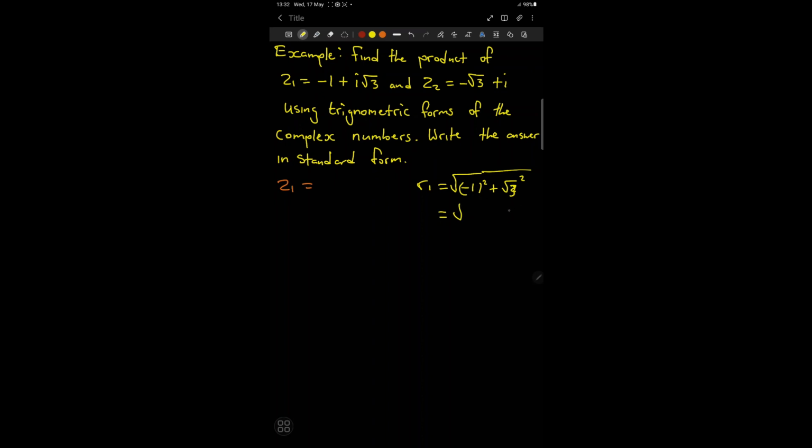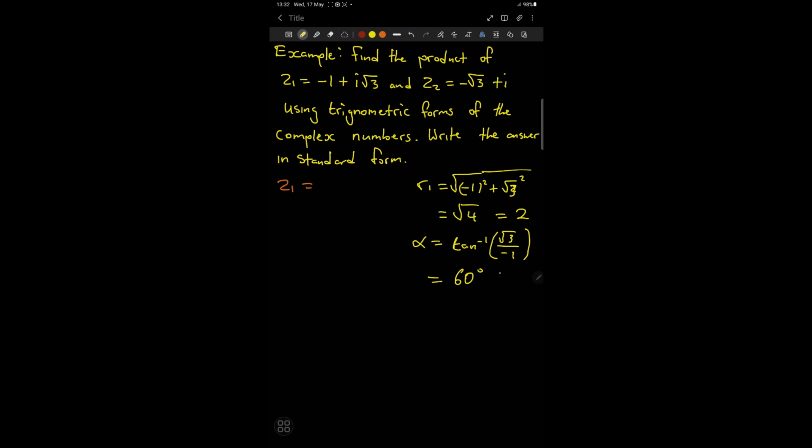So this is just 1 plus 3, which is 4, whose square root is 2. Then using our reference angle, tan inverse, we're looking for the argument, b over a. Our b is square root of 3, our a is negative 1. So this will give us negative square root of 3. The tan inverse of that is 60 degrees as our reference.